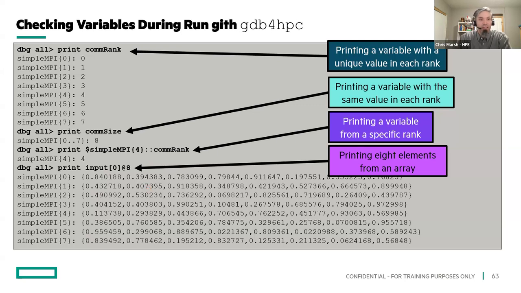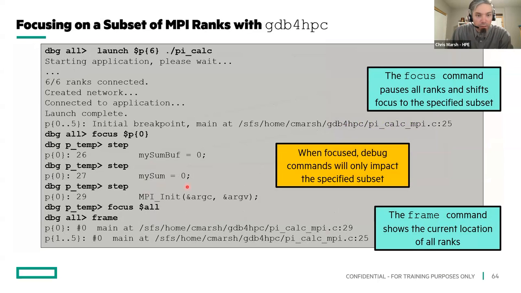Hopefully that makes sense. So if you are debugging a parallel application, you might want to actually only look at a single rank or a subset of ranks at one time. So Gdb4hpc has some commands that allow you to focus on a particular rank.